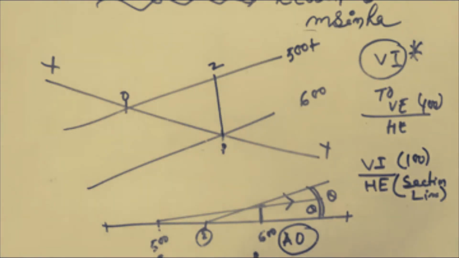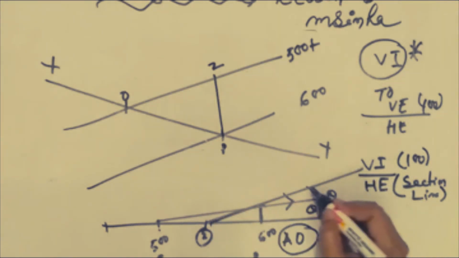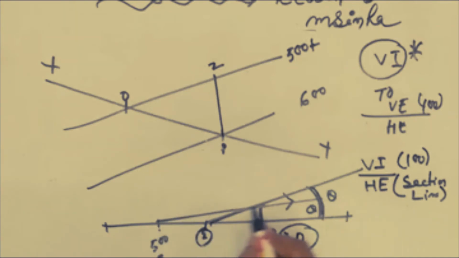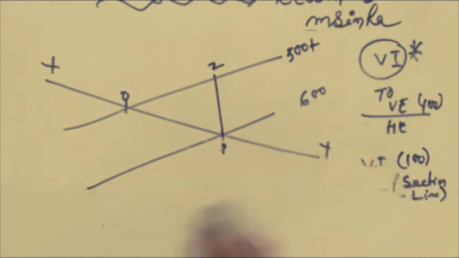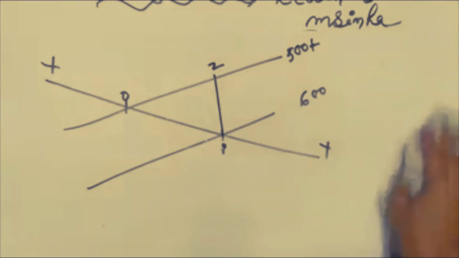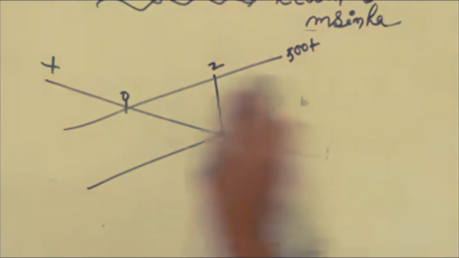Otherwise the apparent dip is always less than the true dip. That amount is the true dip, and this amount is the apparent dip. The method for true dip and apparent dip is the same. It's nothing but the principle of horizontal equivalent and vertical interval.